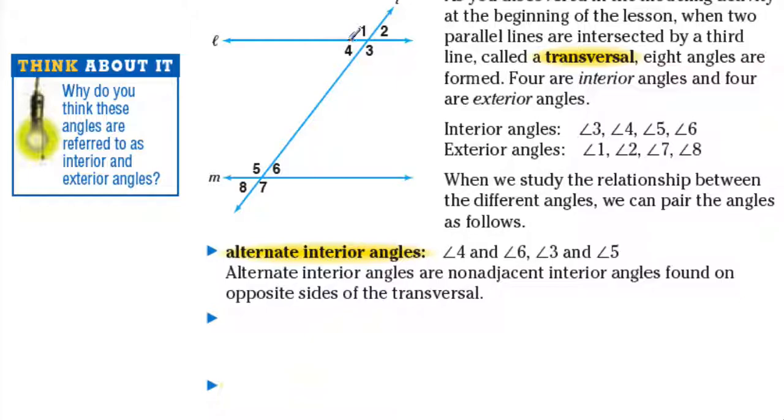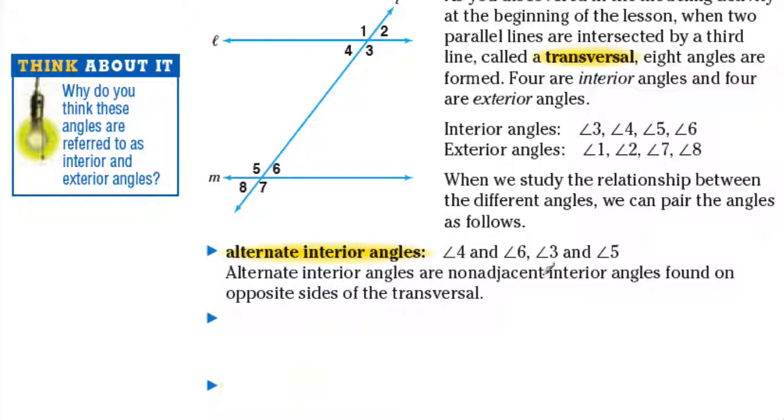Because angle 4 and angle 6 alternate in terms of the sides, and that's why they're called alternate interior angles. Angle 3 and angle 5 are alternate interior angles as well. And alternate interior angles are always congruent.